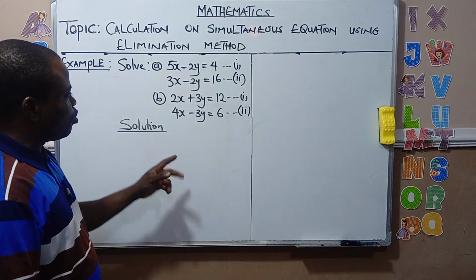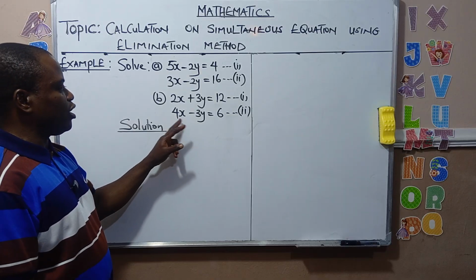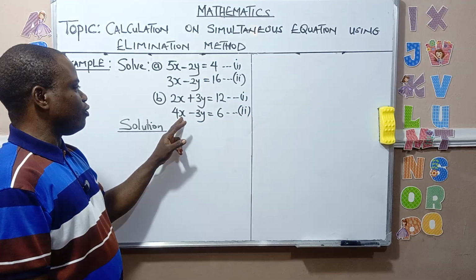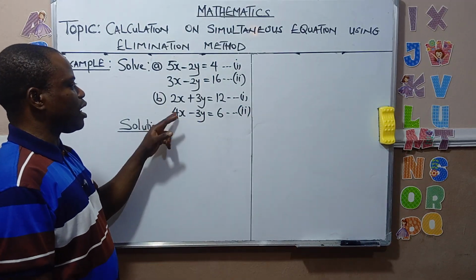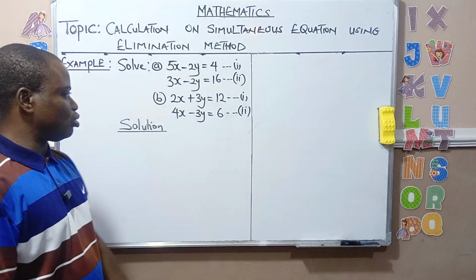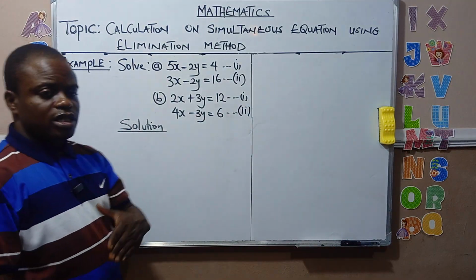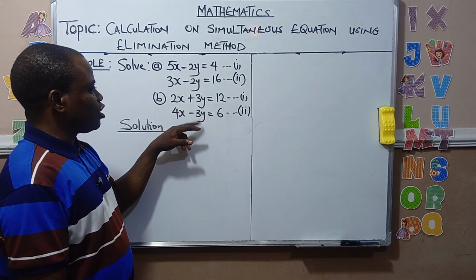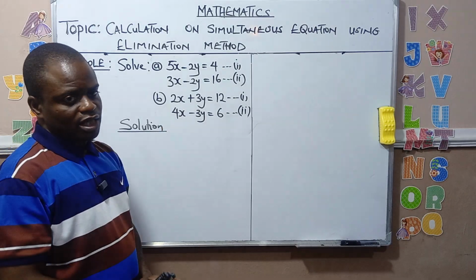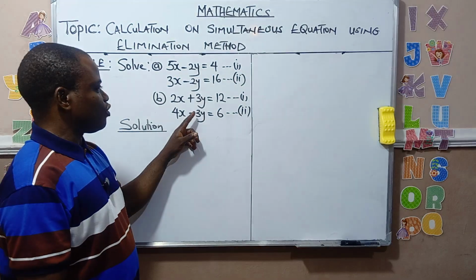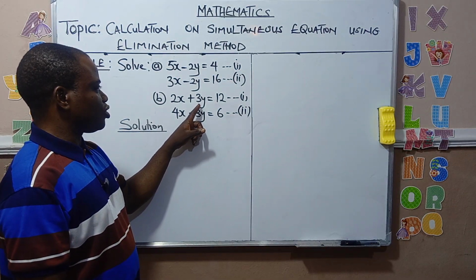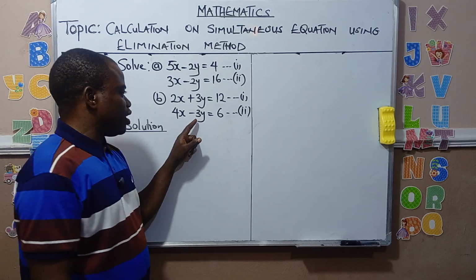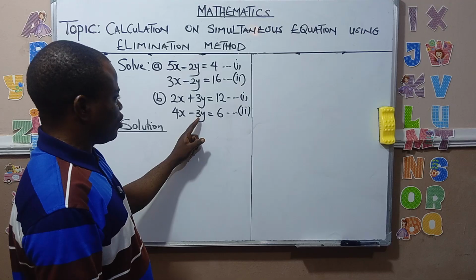We have some cases in which you look at the coefficient of any of the numbers at the front of x and y and use it to multiply both equation 1 and 2. In that case, none of the coefficients of x and y will be the same, because you can see the coefficient of y is 3 in equation 1 and the coefficient of y in equation 2 is minus 3.